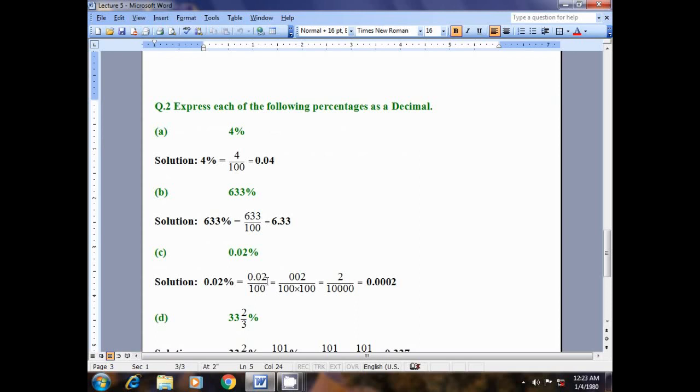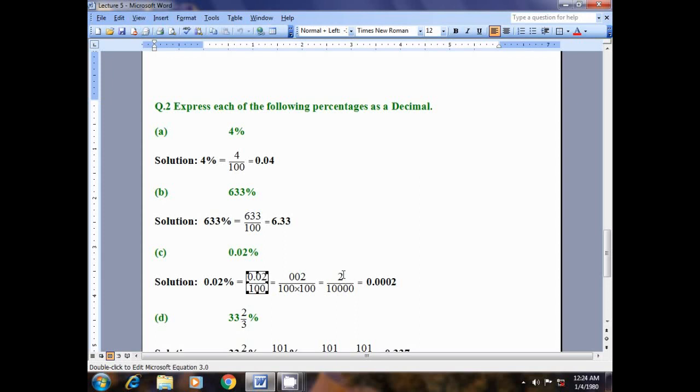If you remove the decimal point, we have 2 digits after the decimal point, so we will divide this number further by 100. So 2 divided by 100 multiplied by 100. This next 100 represents the position of this decimal. You see, after the decimal point we have 2 digits, so we will add 100 at the denominator place. Now 100 times 100, we have 10,000.